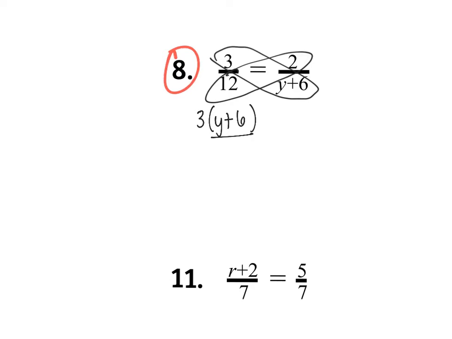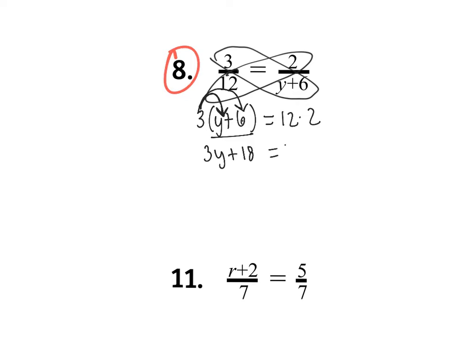It's not going to turn into 3y plus 6. We have to remember to distribute that 3. So I have 3 times (y plus 6) equals 12 times 2. When you get to this point, you have to distribute the 3 to the two things inside your parentheses. So it's 3 times y, which is 3y, plus 3 times 6, which is 18.